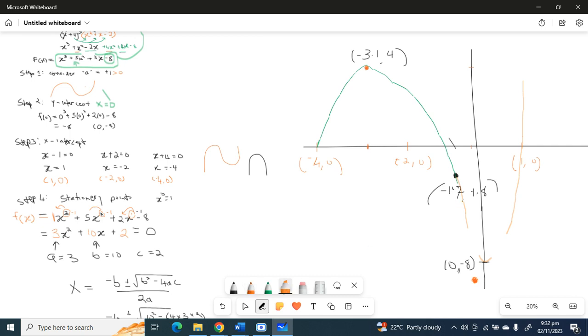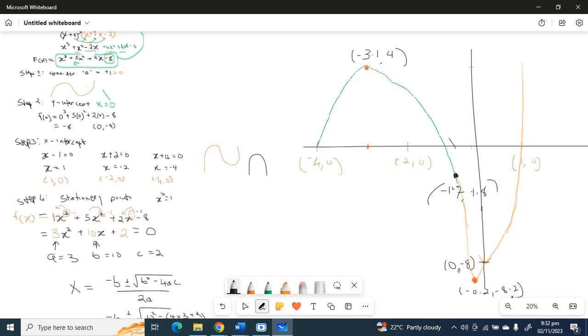It will first hit the stationary point, then cut the y-axis, and then yes, go like this. So this is just a rough sketch of the graph. But yeah, so this is our graph. It's negative 0.2, negative 8.2. Yes.